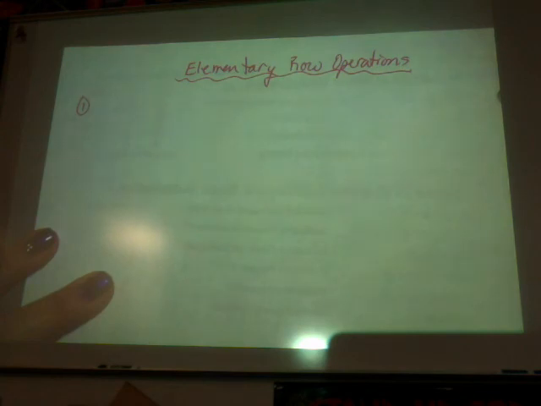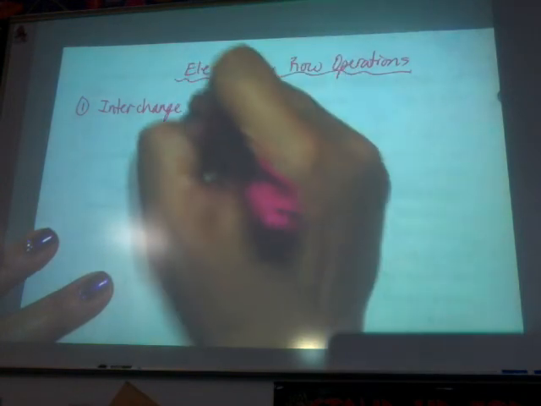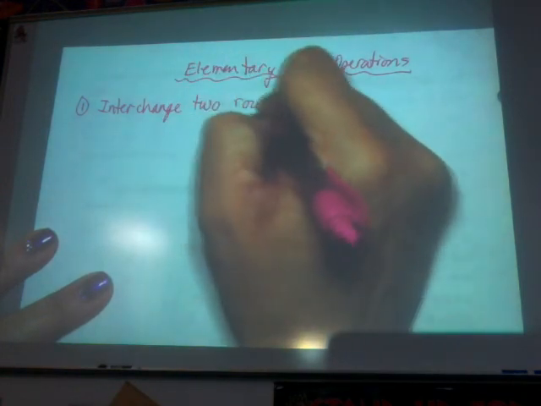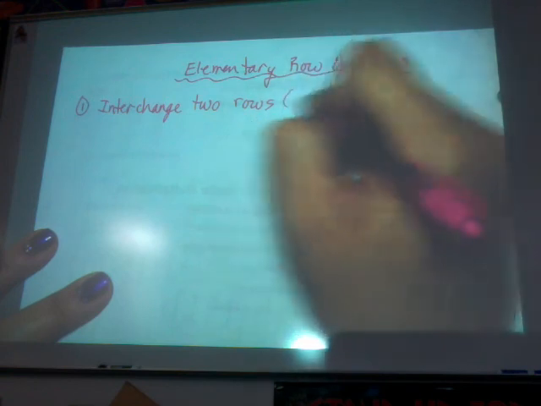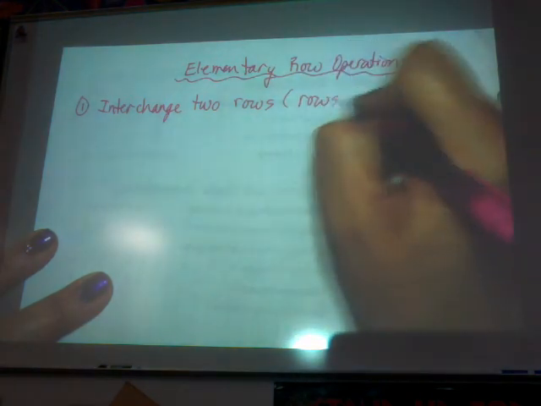Here are some various things that you might do. You might interchange two rows, and what I mean is the rows switch places.